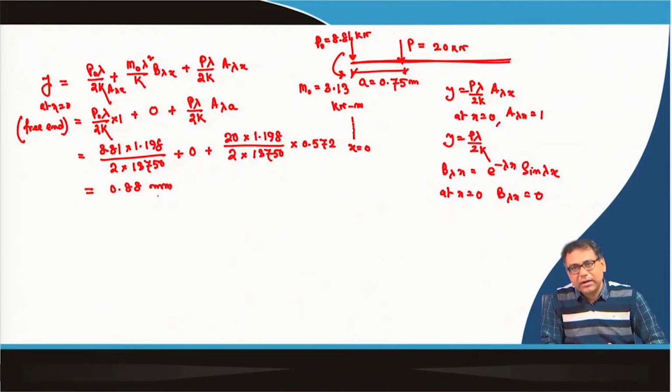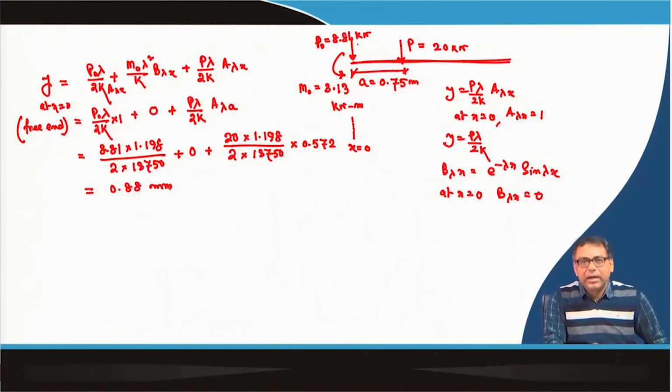In that case you consider the point is right side to the P0 and the moment, and the point is just below the P. You can calculate any point right side to the point P also. So, anything you can do by using these equations.